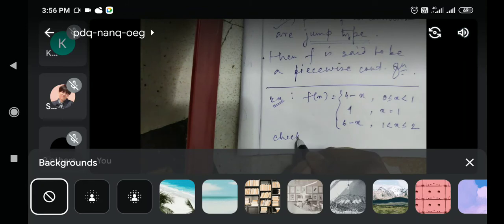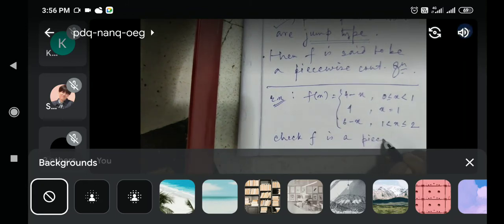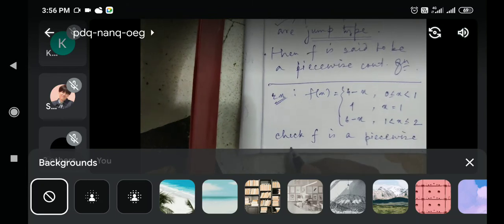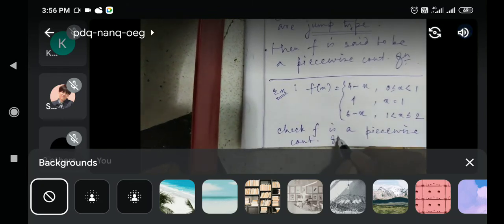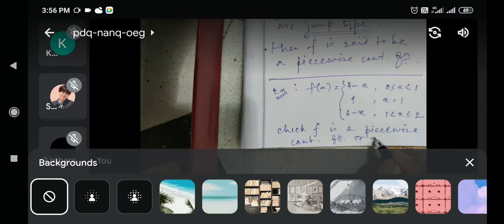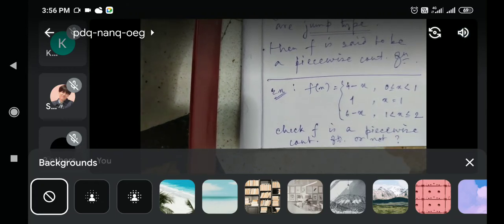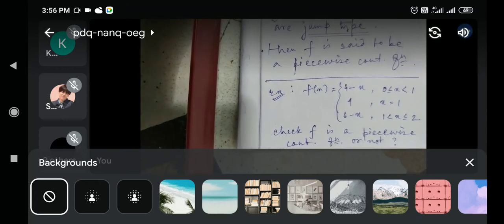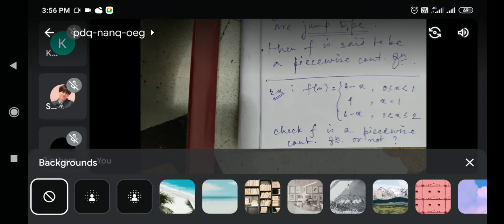Check if f is a piecewise continuous function or not.